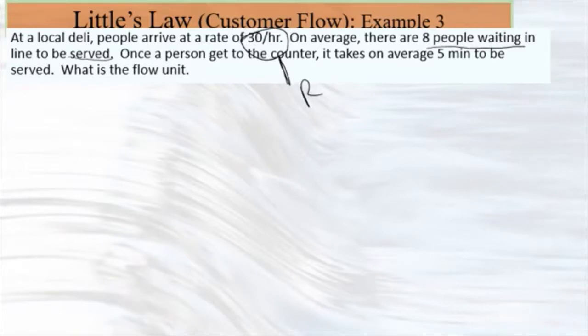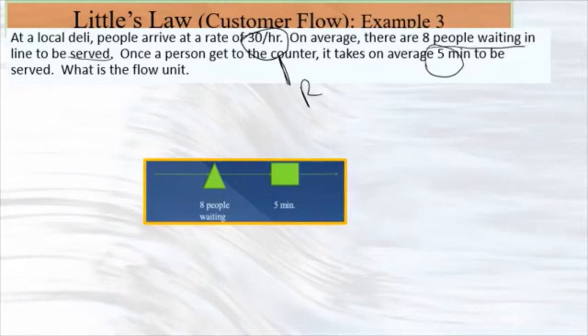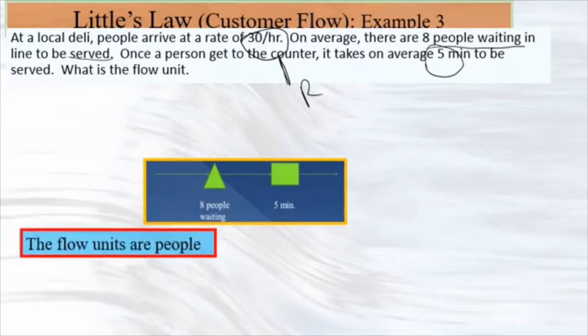So this is people inside the process, so we're looking at I. Once a person gets to the counter, it takes on average 5 minutes to be served. What is the flow unit? So the first question is, what is the flow unit? In this case, the flow units are basically people, because people are coming into the deli.